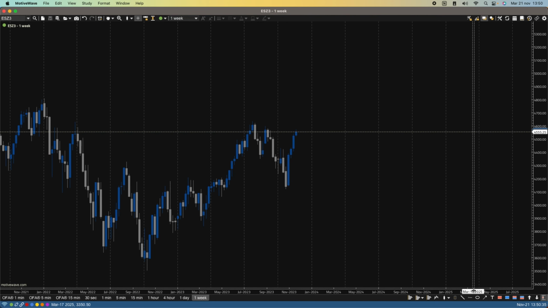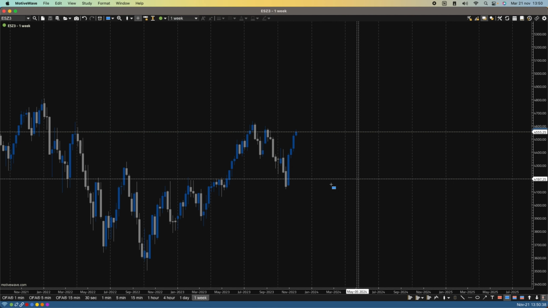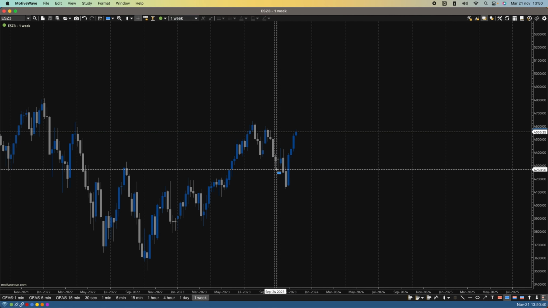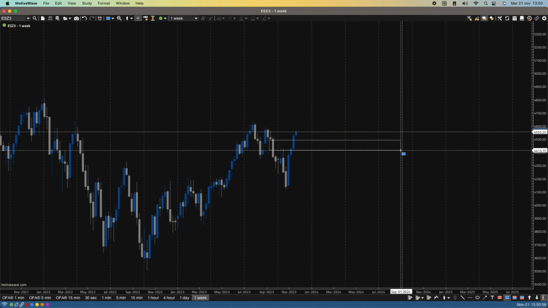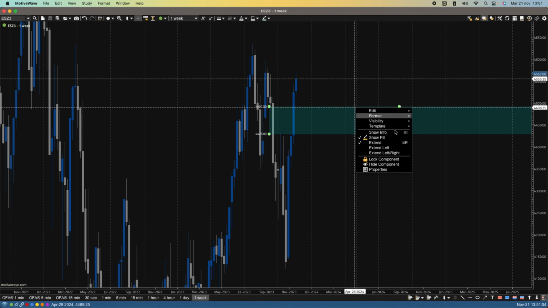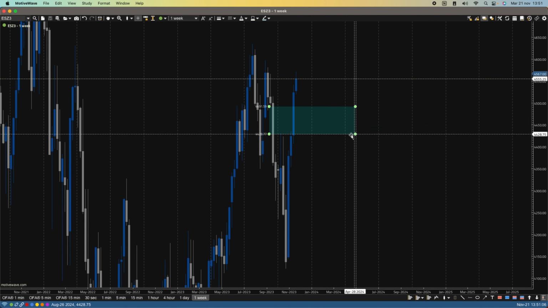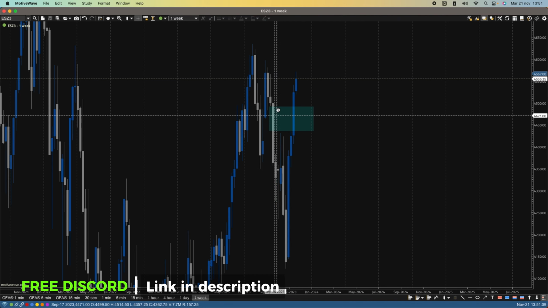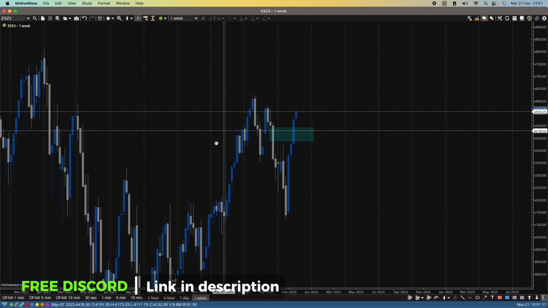So the weekly chart is something I see only once a day, not for the level, not for the bias, though it could be good for bias as well, but I'm just looking for a key level in terms of structure. Here, for example, we have this ICT confluence.